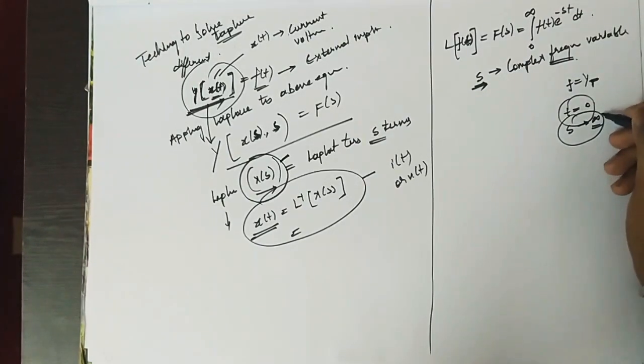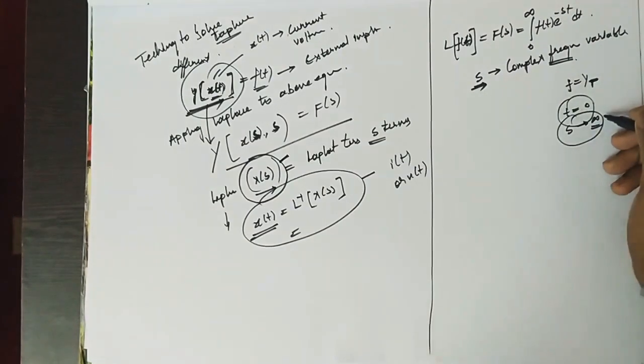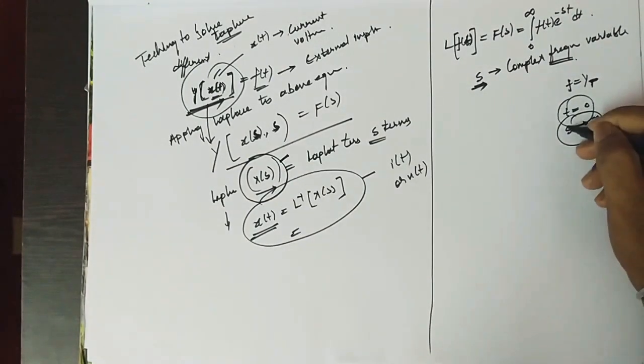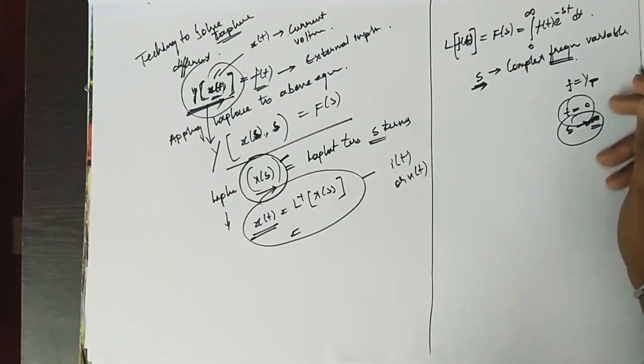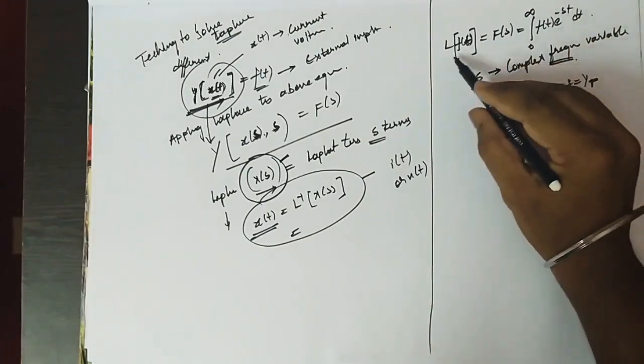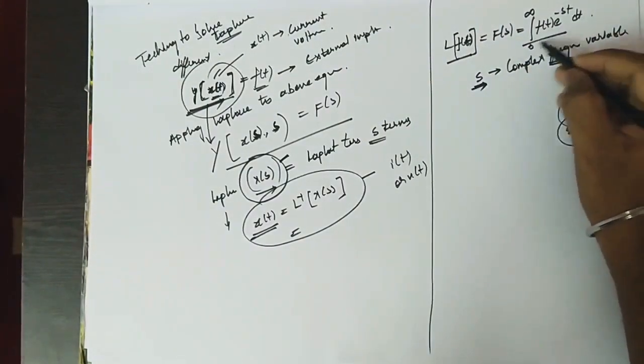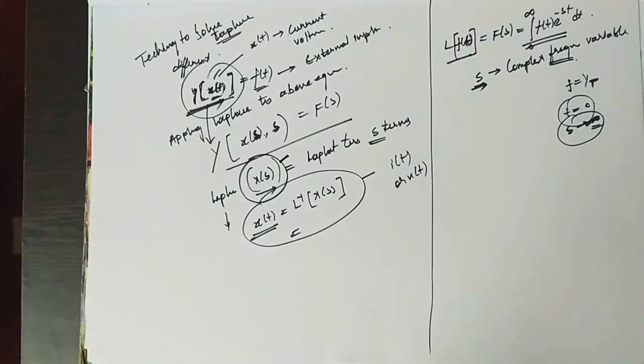Things will be easy if the system is working at infinite frequency. So the main reason for converting the time domain to the frequency domain is that in the frequency domain you have many techniques to convert to a simpler form. So simply, Laplace means converting the time domain to the frequency domain.